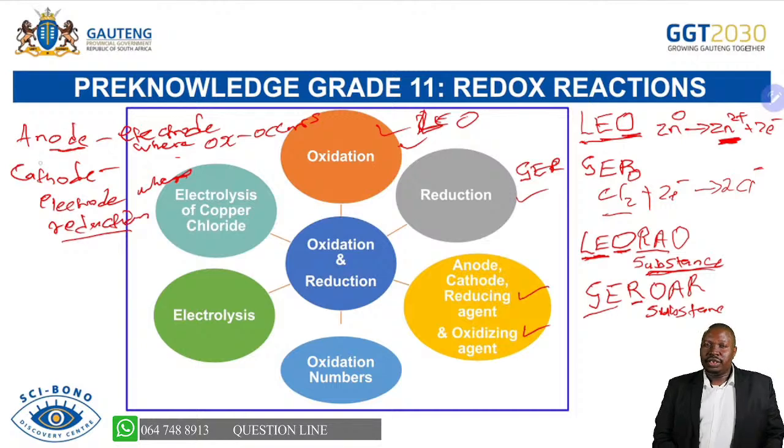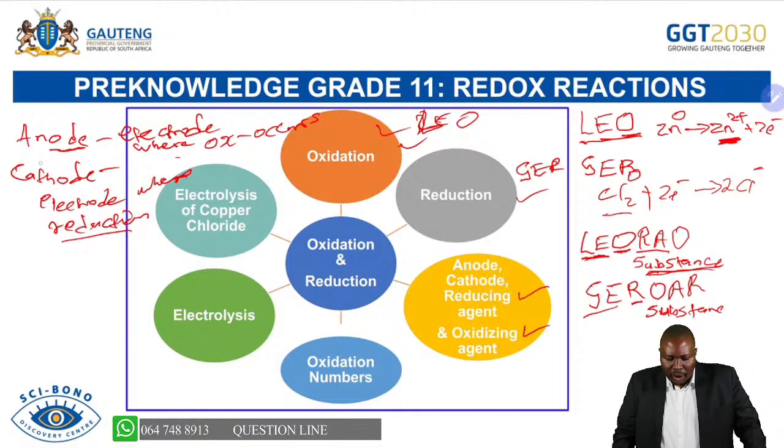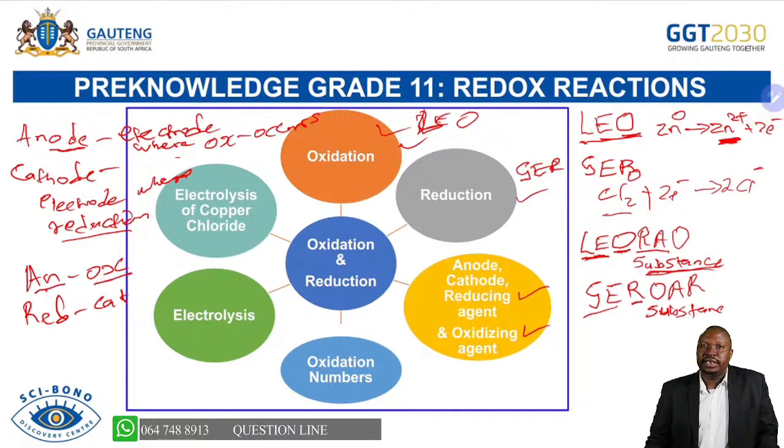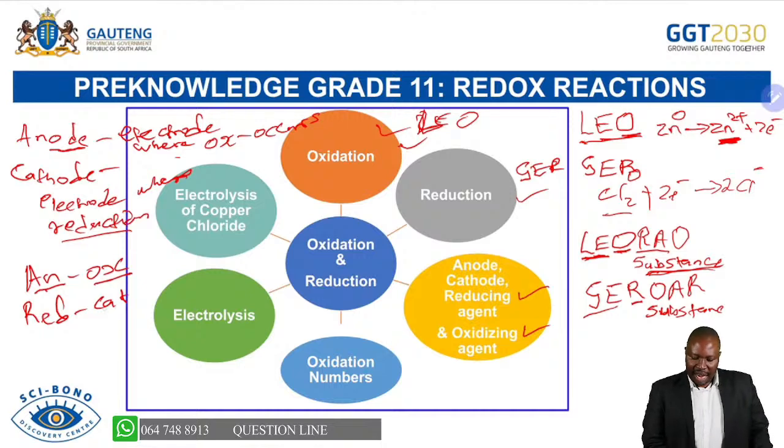Where we have an anode, the reaction that will take place is oxidation. Hence, for you to remember, we say An Ox, or Red Cat, to remind you that where there is an anode, the reaction taking place is oxidation. Where we have a cathode, the reaction taking place is reduction.